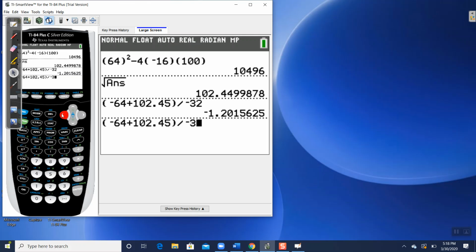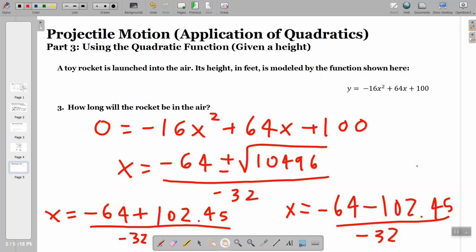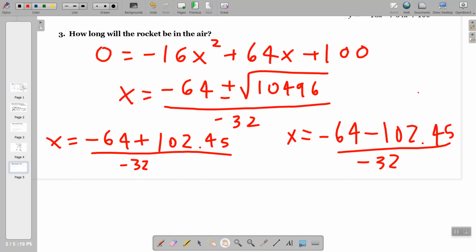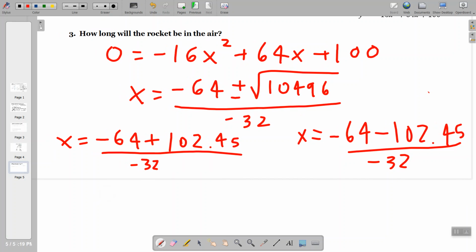So I used that second enter command to give me my last entry, because I don't need to retype it all in. I can just change that plus to a minus. All right, so one answer is negative 1.2 and the other one is 5.2. So this one gave me negative 1.2 and this one gave me 5.2.